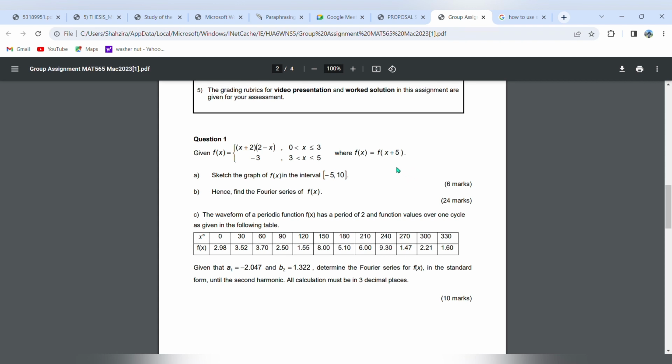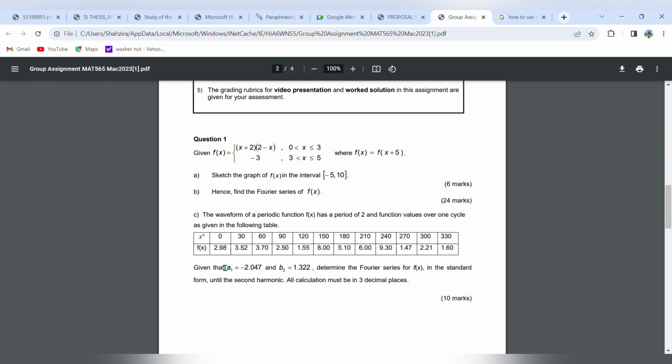I will explain question 1C, which is: the waveform of a periodic function f(x) has a period of 2 and function values over one cycle as given in the following table, which is the x0, this is the data, and for the f(x) this is the data.